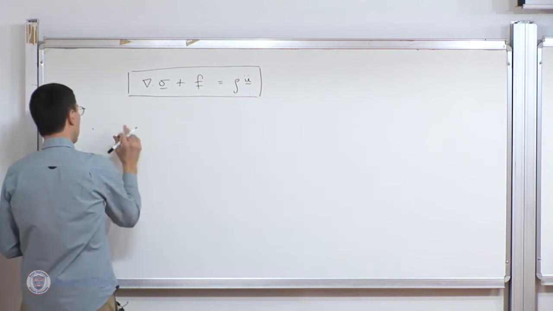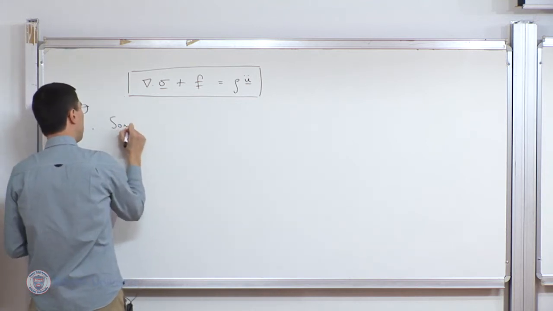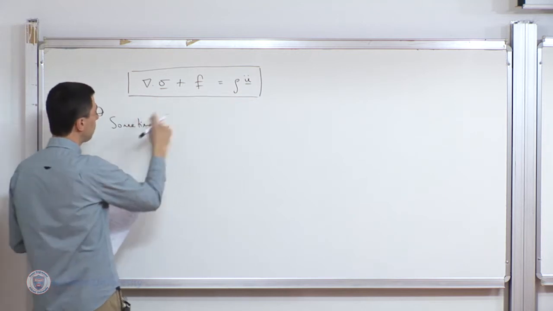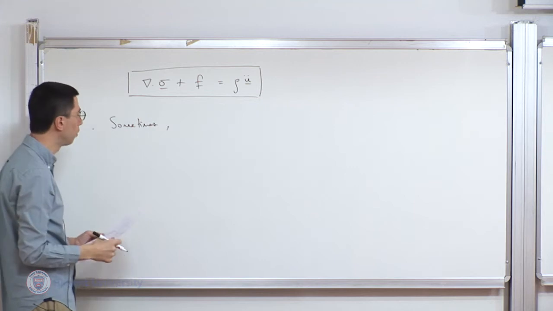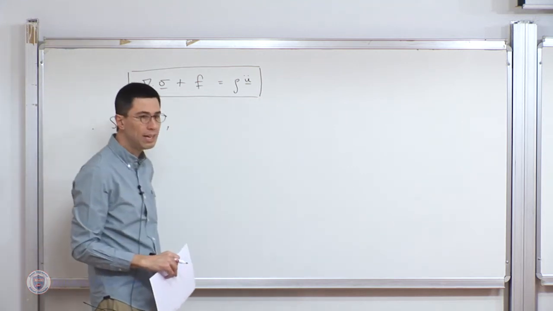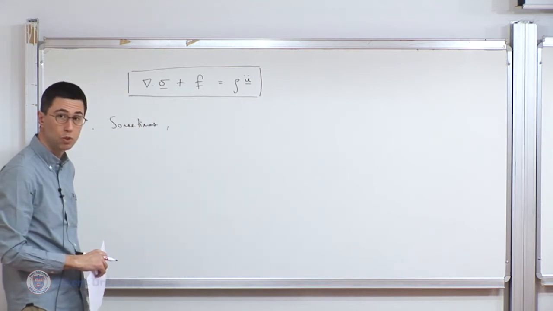Okay? So the message I'd like to give with this particular example is, well, actually there are two. The first one is not a message, it's just a demonstration of equilibrium. But the second one is that equilibrium alone, this equation alone, can sometimes help you solve problems to a large extent.